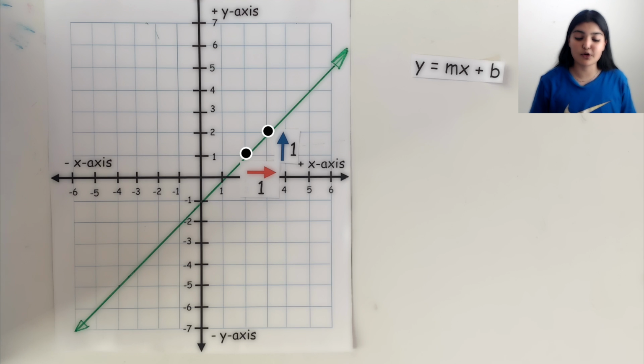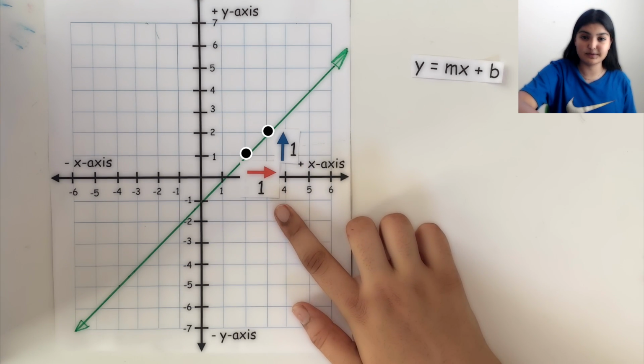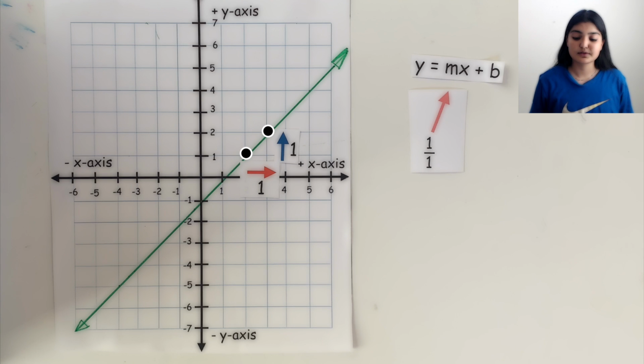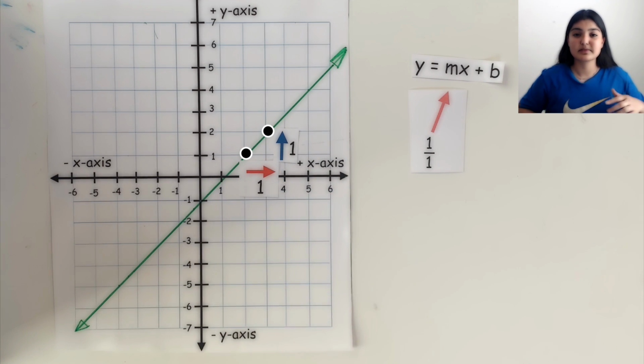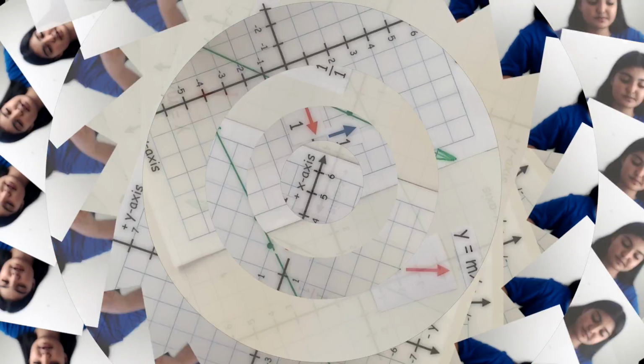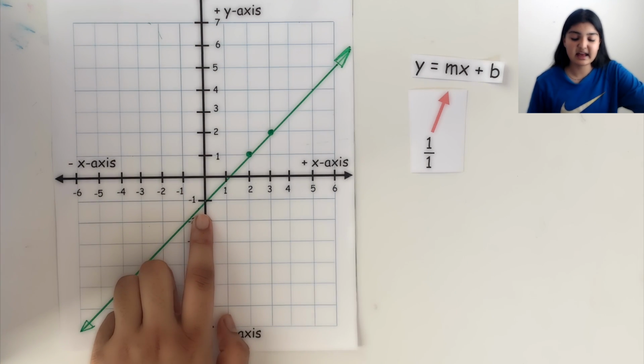This gives us a slope of 1 divided by 1. So the value of M is 1, which means that the slope of this line is 1. But what's the value of the y-intercept? As you can see, the line intersects the y-axis at -1.